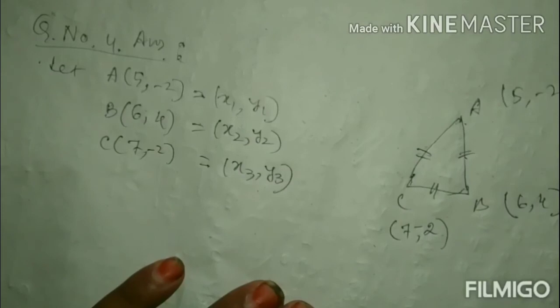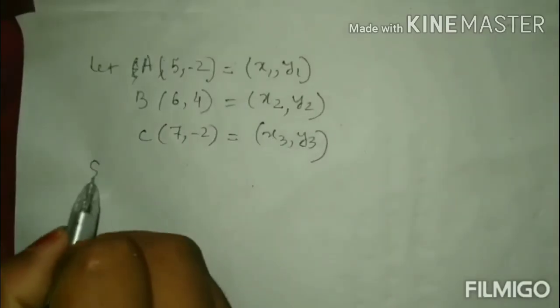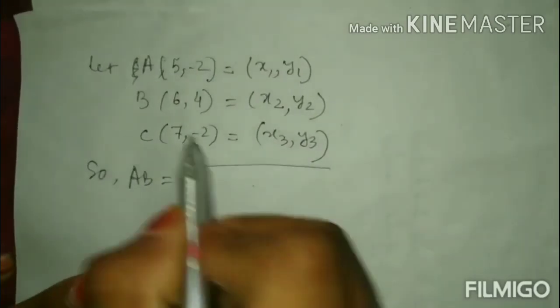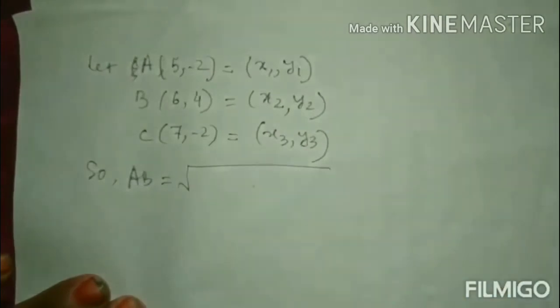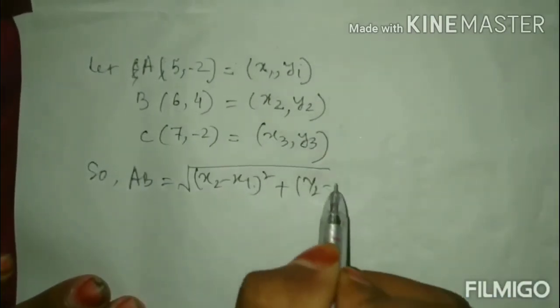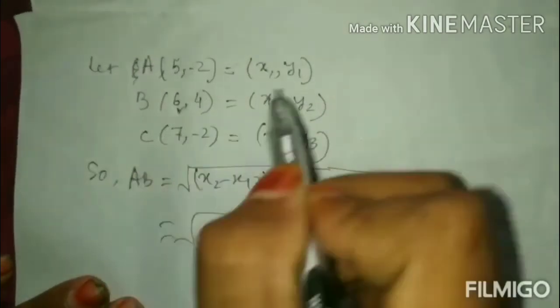So let us find the three distances AB, BC and AC. That will be the sides of the triangle. So first find AB. AB equals root over x2 minus x1 whole square plus y2 minus y1 whole square. x2 is 6, x1 is 5.